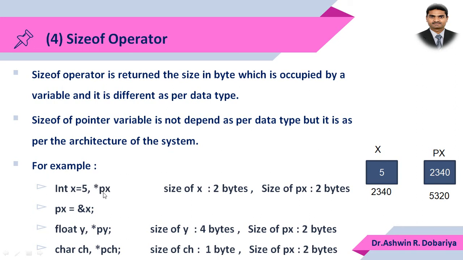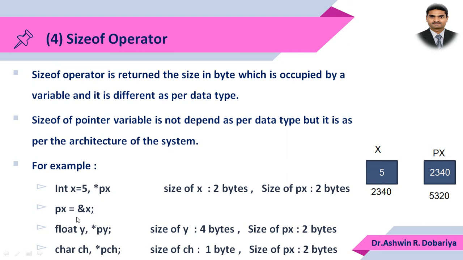The size of an integer variable is 2 bytes. It means every integer variable occupies 2 bytes of memory, so whenever the compiler executes this program, one integer variable occupies 2 bytes. And the size of px, which is also an integer pointer, is 2 bytes.